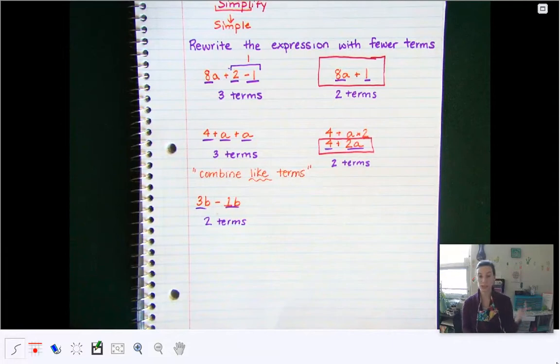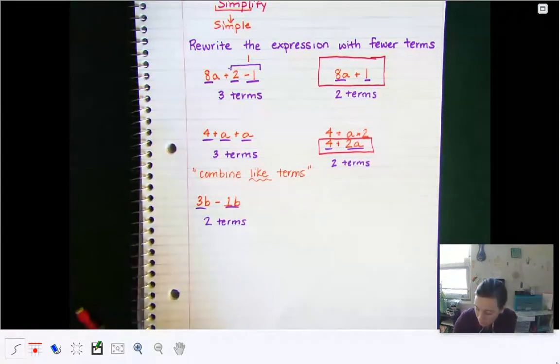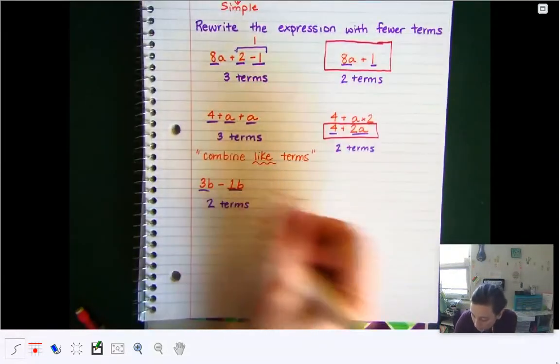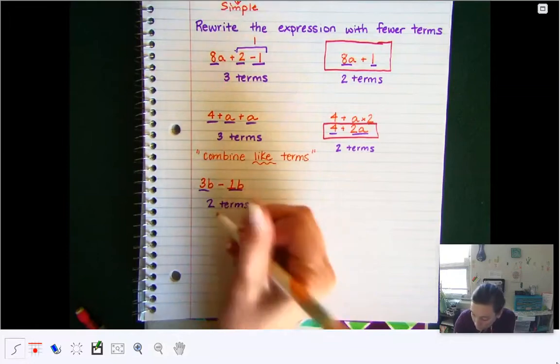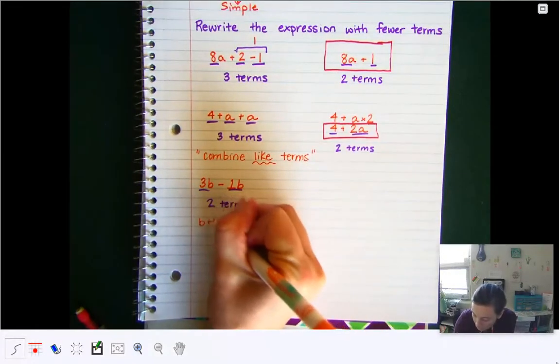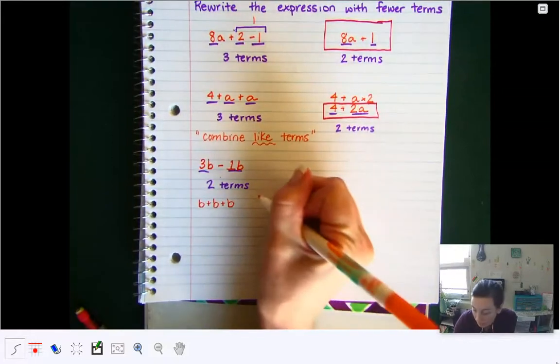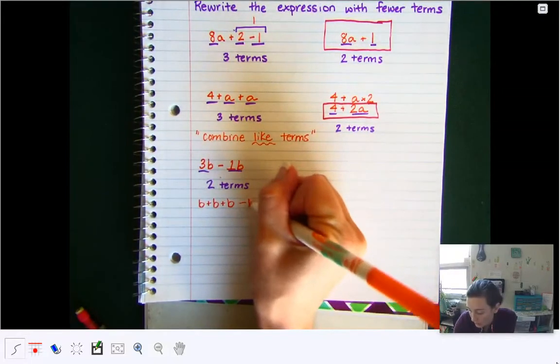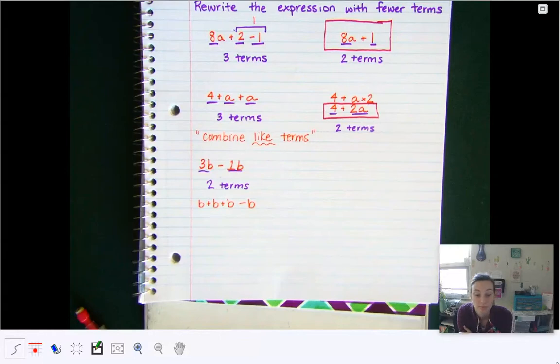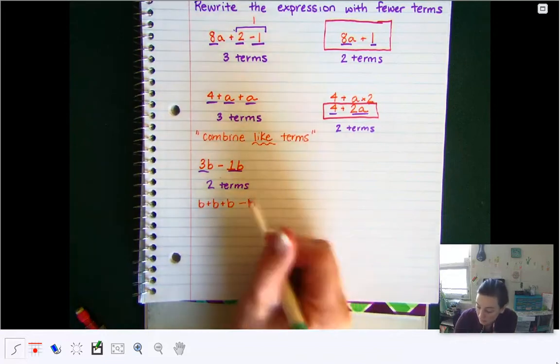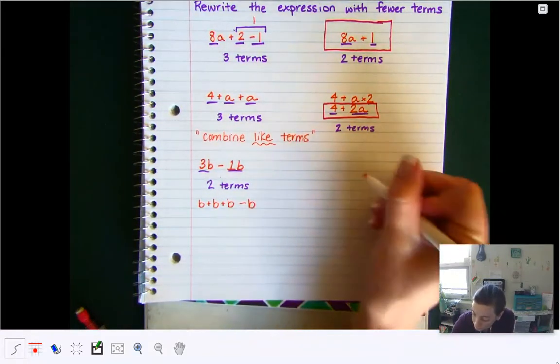Now if I have 3 b's and I subtract 1 b, this might help if I even do a little picture. So 3 b's would be b plus b plus b. 3 b's minus 1 b. If I have 3 b's and then I take away a b, I end up with 2 b's.